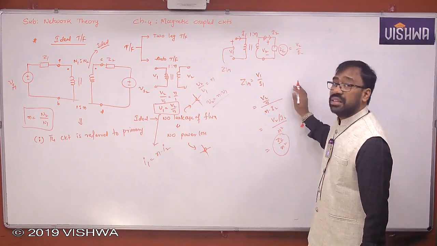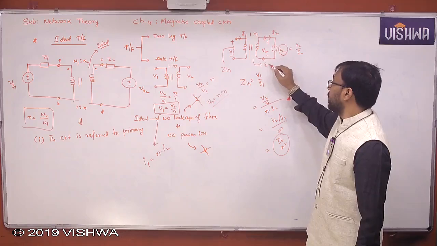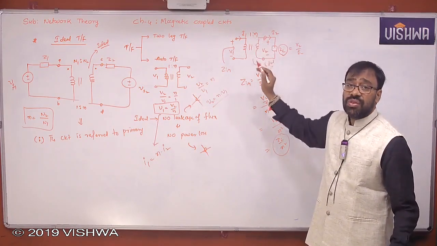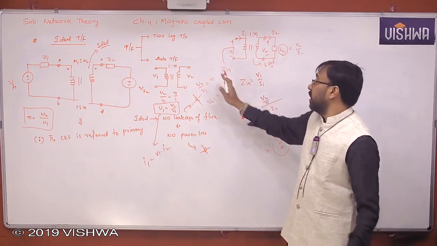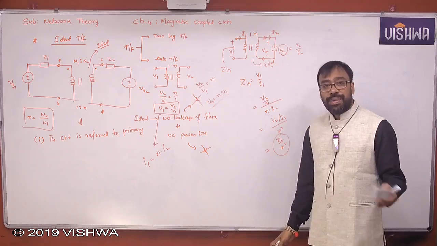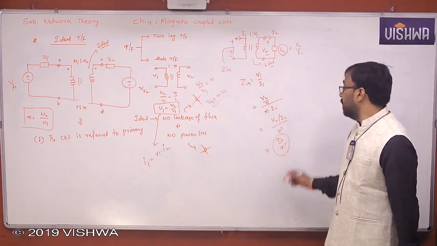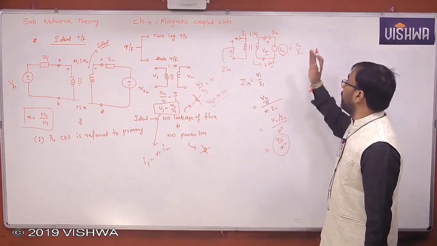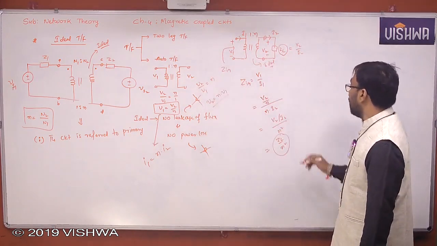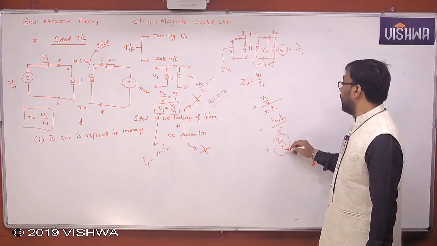The secondary side has ZL, and this is ideal. Yes or no, all of you? This is ideal, with no resistance and no inductance in this transformer at all. But when I look into the network through the input terminals or primary terminals, I now get ZL by n square. That means when the impedance on the secondary side is referred to the primary side, I get ZL by n square.